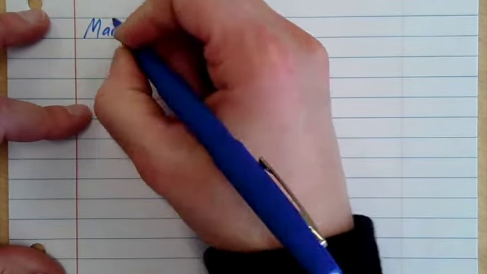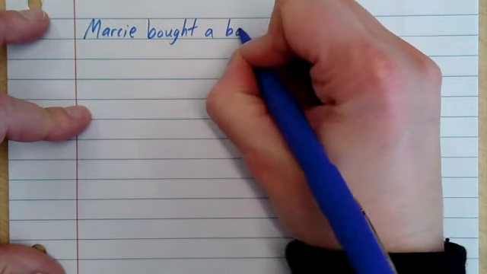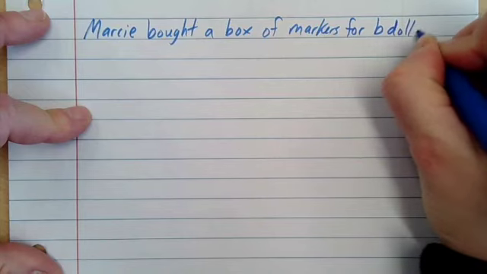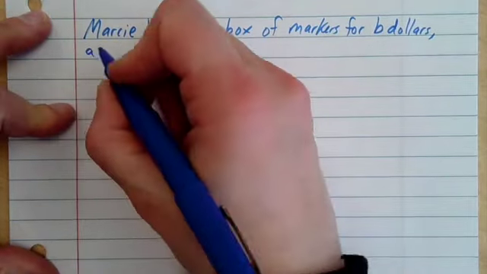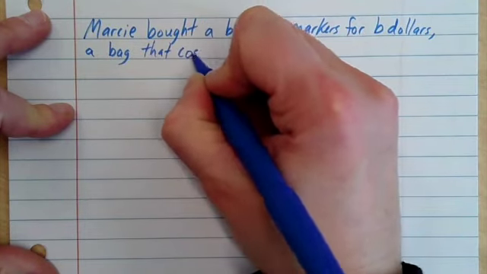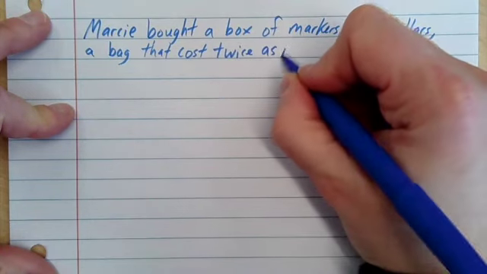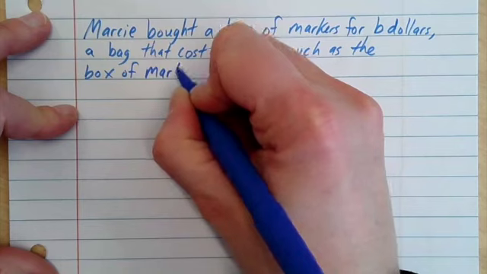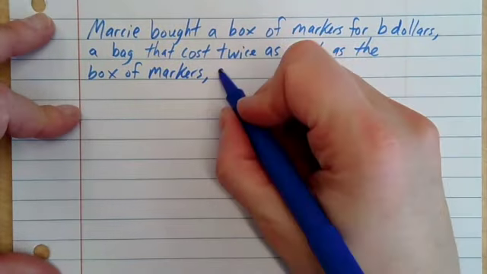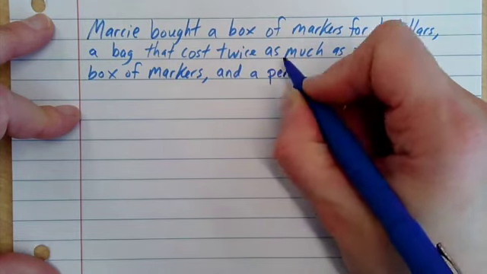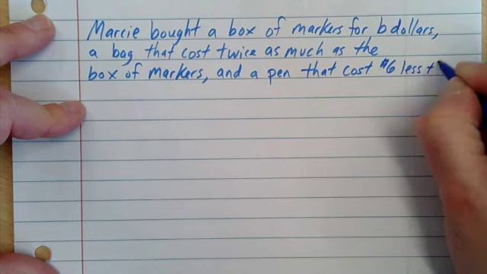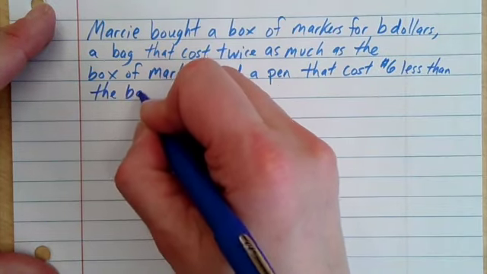On this particular example, we're going to be writing: Marcy bought a box of markers for $B, a bag that cost twice as much as the box of markers, and a pen that cost $6 less than the bag.